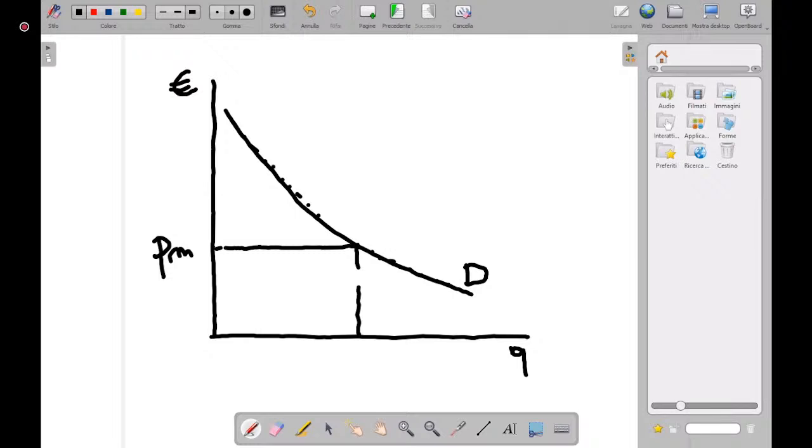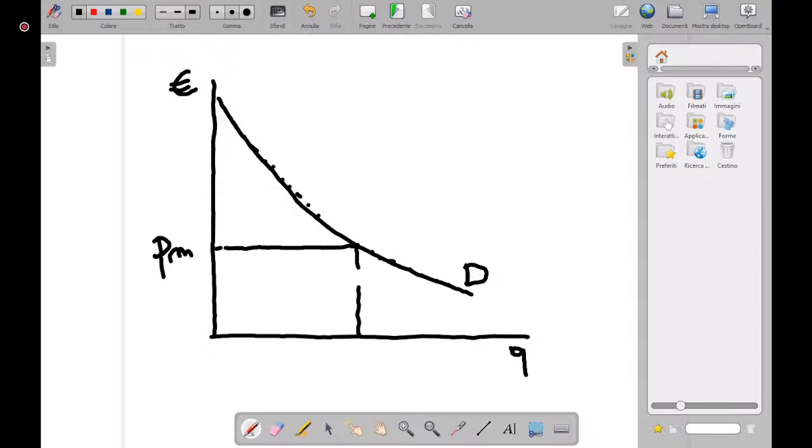Here I have consumers that correspond to quantity of goods that will not be sold because the willingness to pay is below the market price. Here I have consumers with a higher willingness to pay above the market price, and they will buy the good or the service, if the good or the service has a market price. Okay.